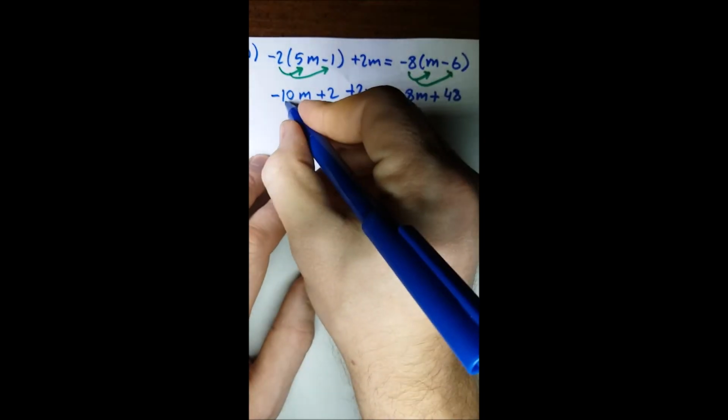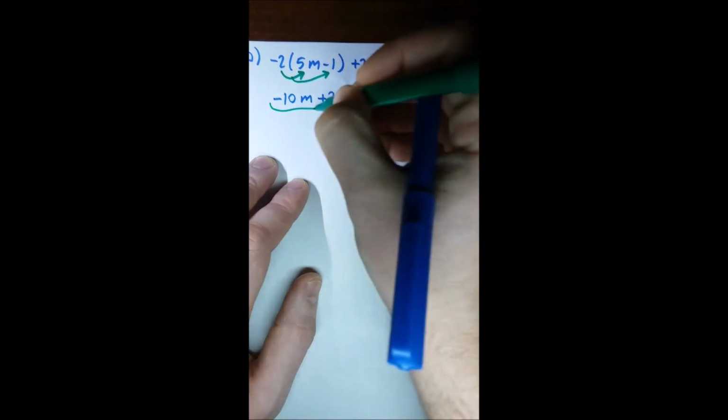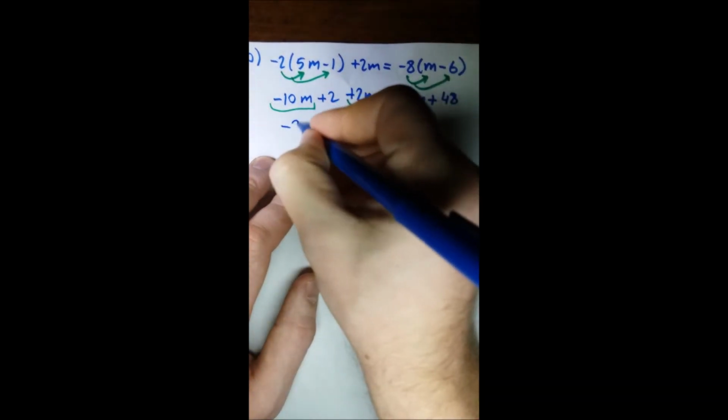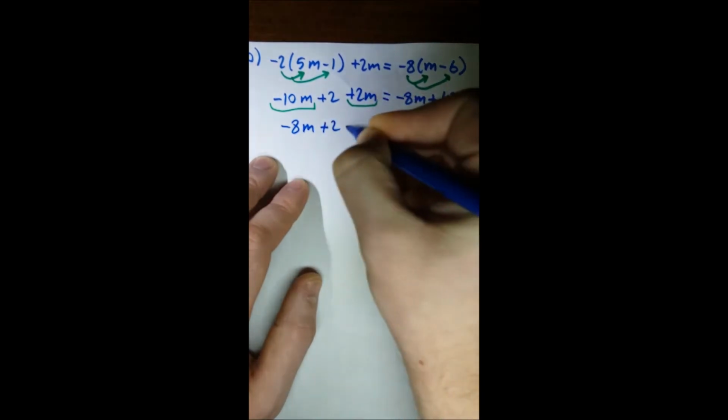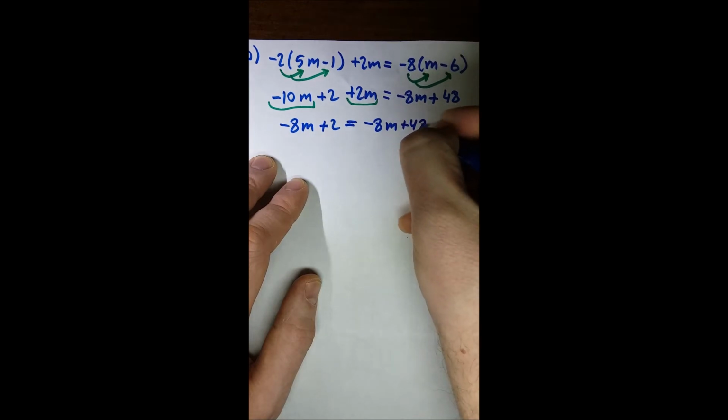Combining like terms, these two together, the 2m and negative 10m together are negative 8m plus 2 equals negative 8m plus 48.